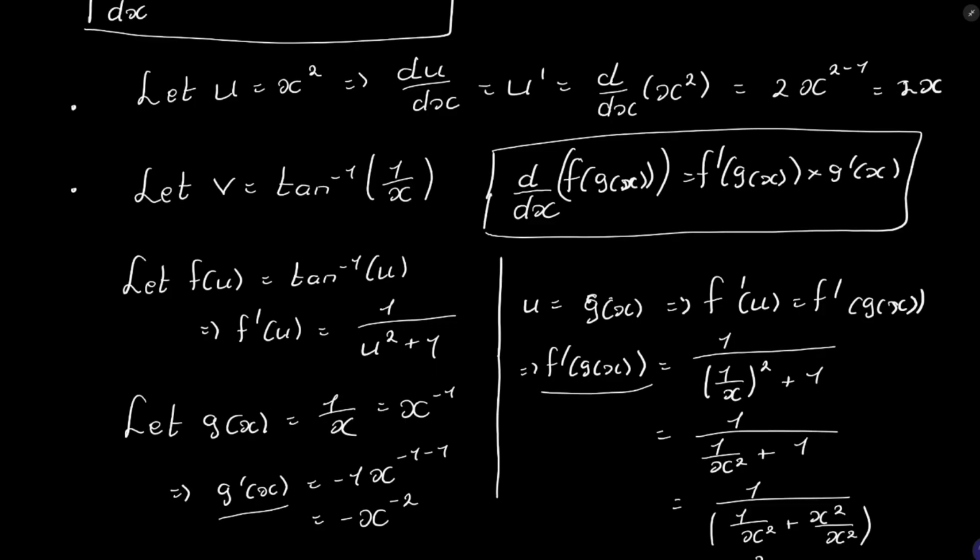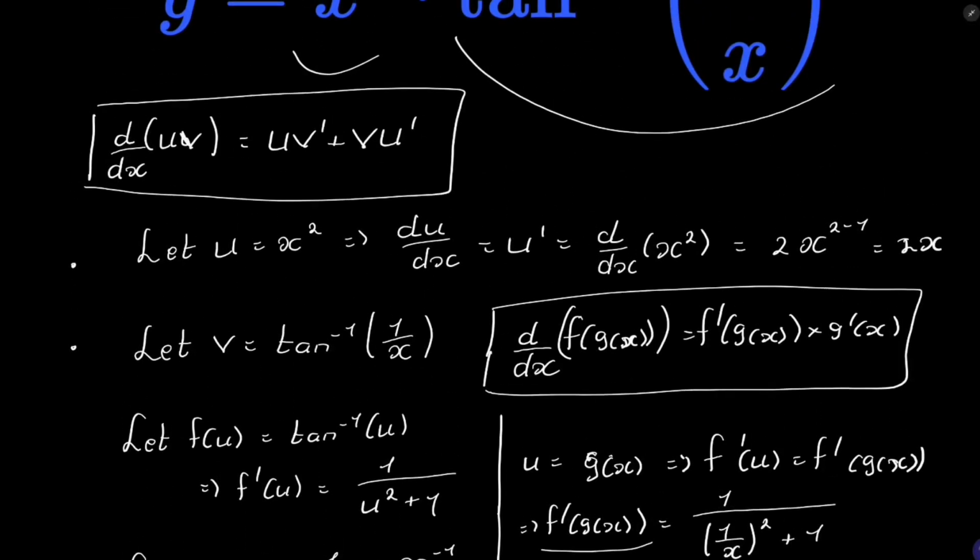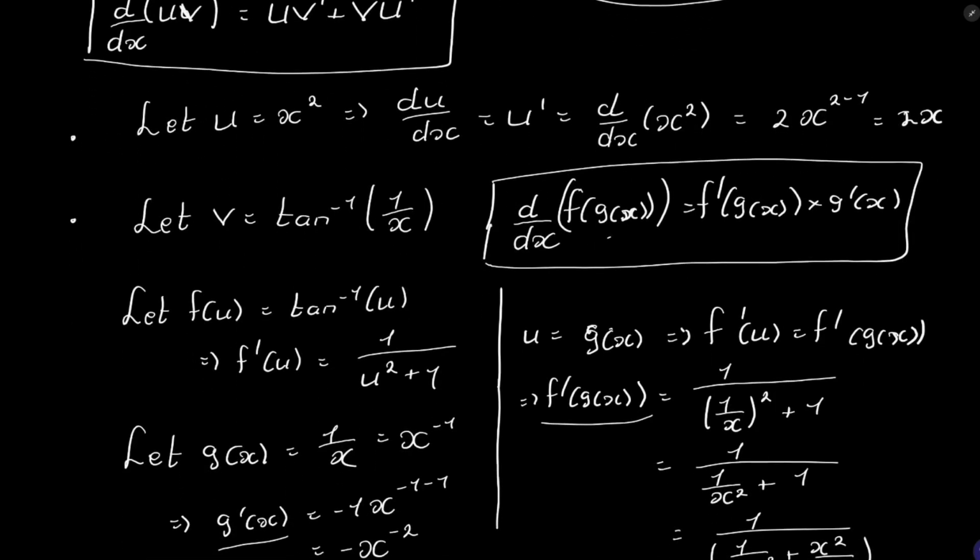We also have g prime of x. We can then say the calculation of the derivative of f of g of x is possible. So let's move on to this. How do we then calculate? Yes, the calculation of v prime is possible.